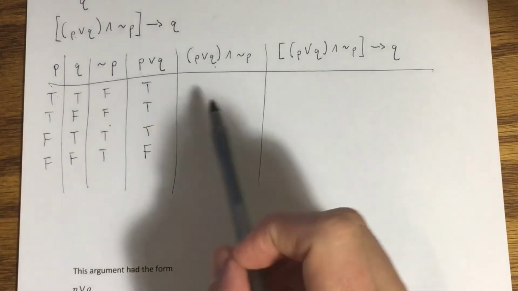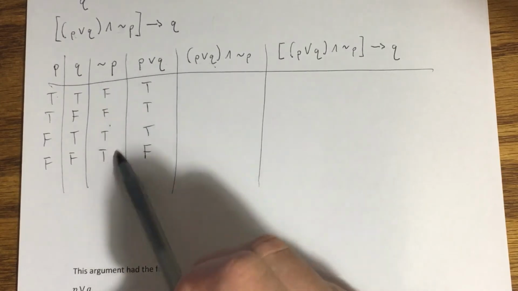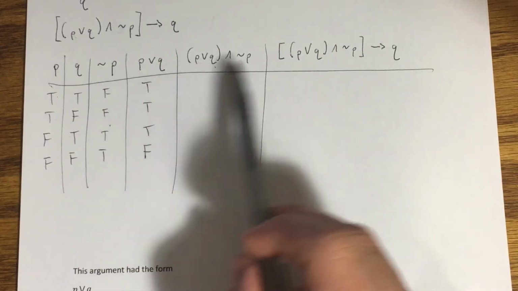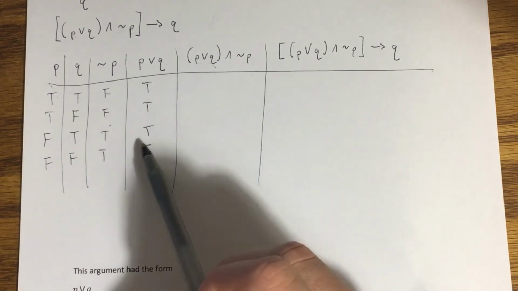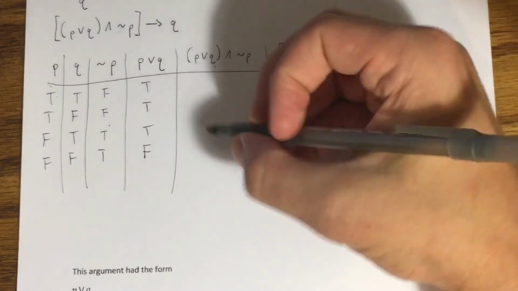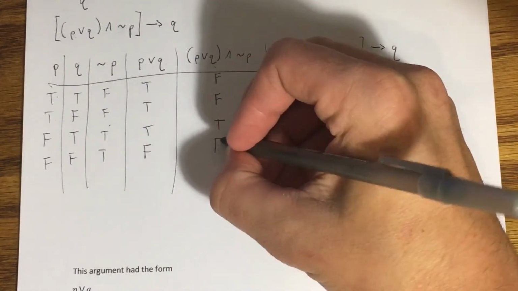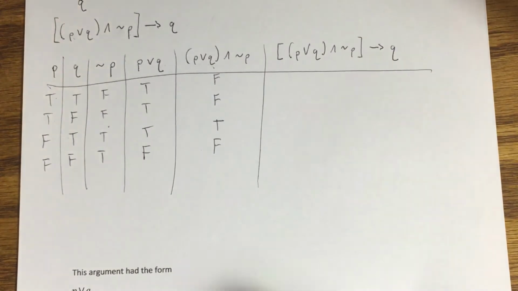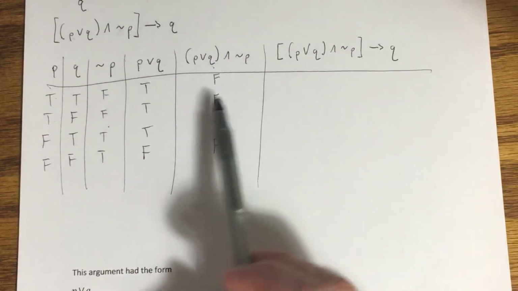All right. Now, I have a conjunction with the previous two columns: P or Q, that's here, not P, that's here. Conjunctions require both statements to be true in order to be true. That only happens in the third row. So I have true there, false everywhere else. Okay? Now, take this column as my antecedent, Q as my consequent.